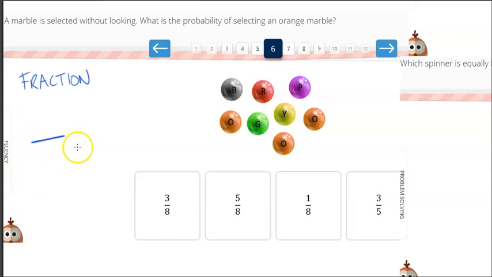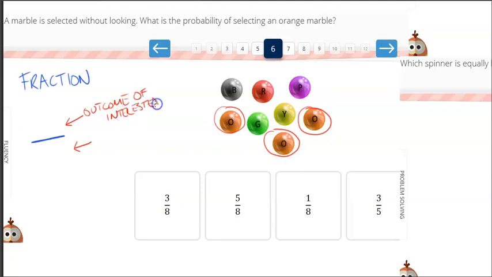The first number is the actual topic or the outcome of interest, okay? And we're interested, based on the question that's provided, in the likelihood of an orange marble being selected.